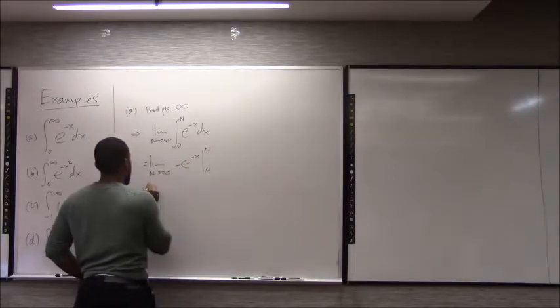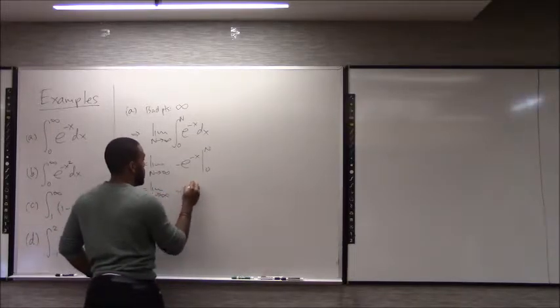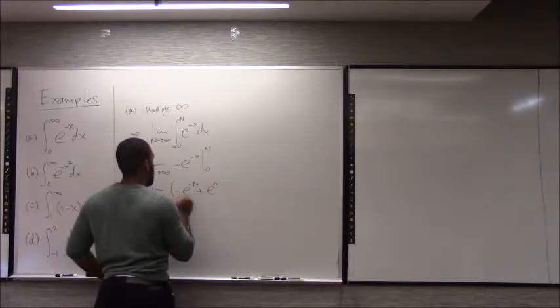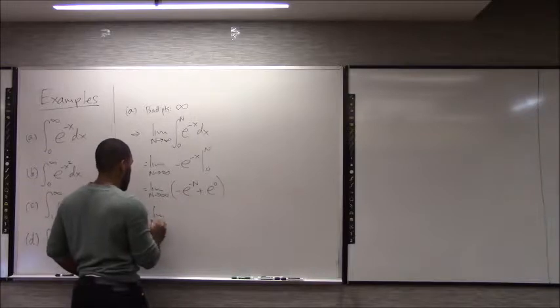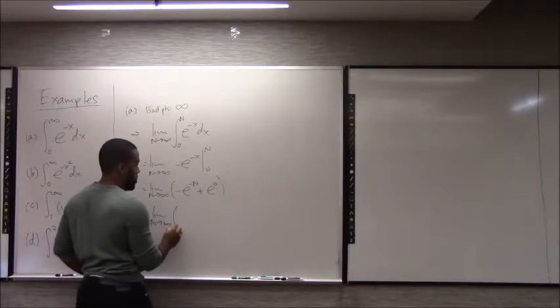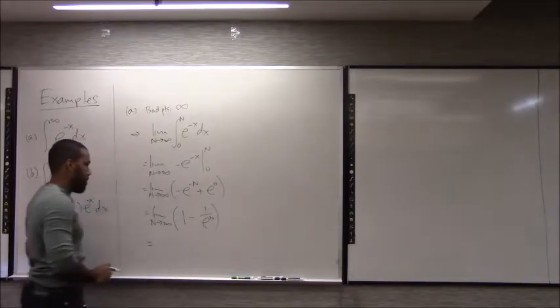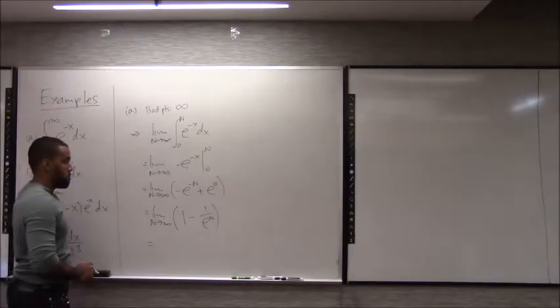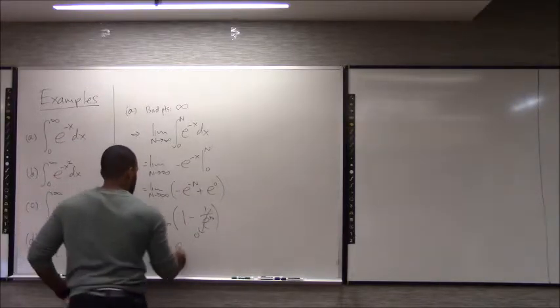If I plug in n minus plug in 0, I pretty much have the limit as n approaches infinity of, well, e to the 0 is 1 minus 1 over e to the n, which is going to be what? 1. Because this guy's going to go off to 0. So this guy converges.